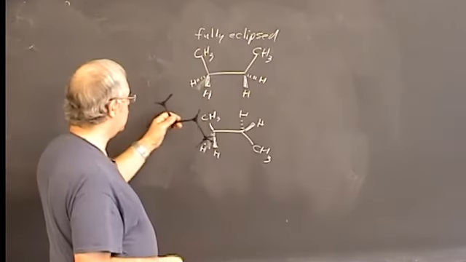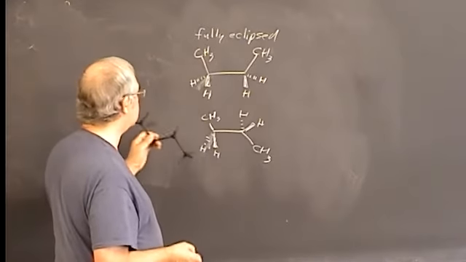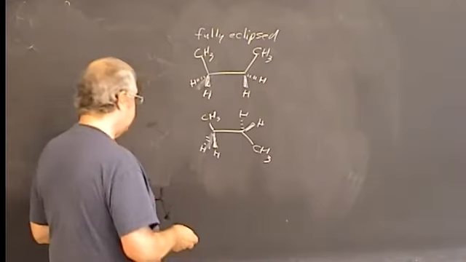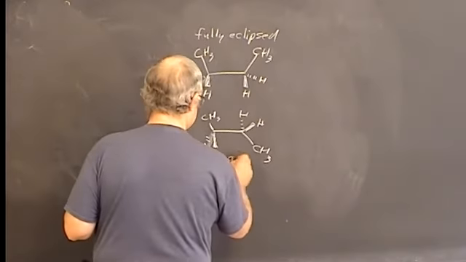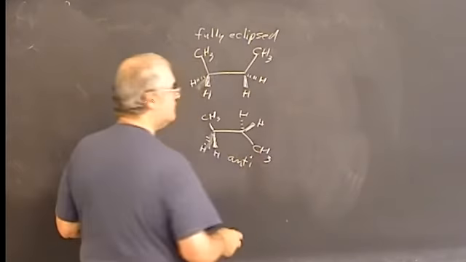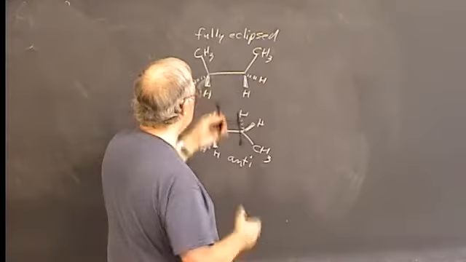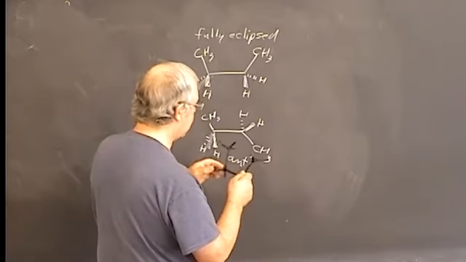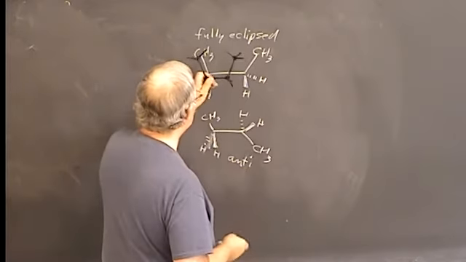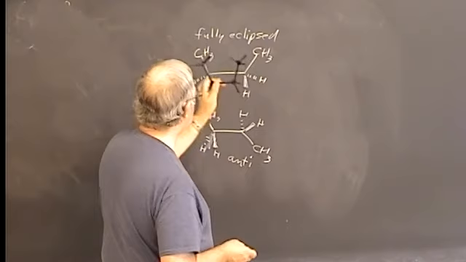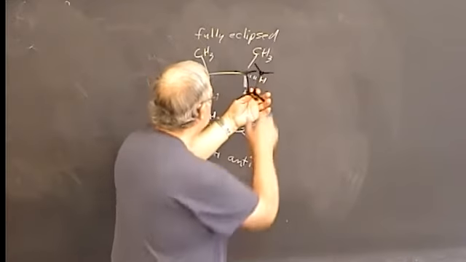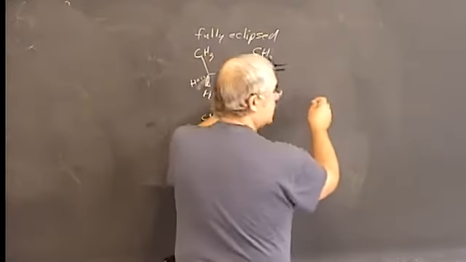The methyls are 180 degrees apart from each other. To make the Newman projection, we do the same thing that we did with ethane. We'll sight along the bond between carbons 2 and 3. We'll do a 90-degree rotation like this.